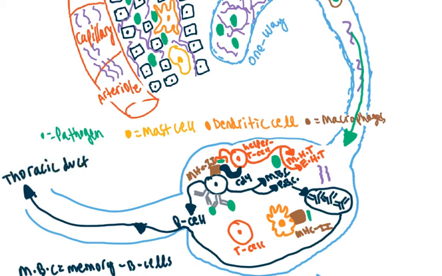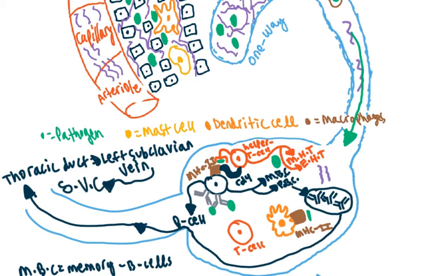Our thoracic duct will then empty into the left subclavian vein, and then the left subclavian vein will empty into our superior vena cava, which we should know based on our cardiovascular system playlist. And then it'll get pumped into circulation.